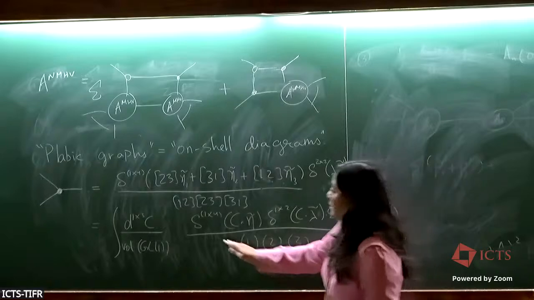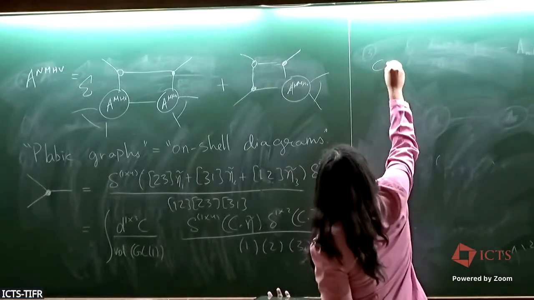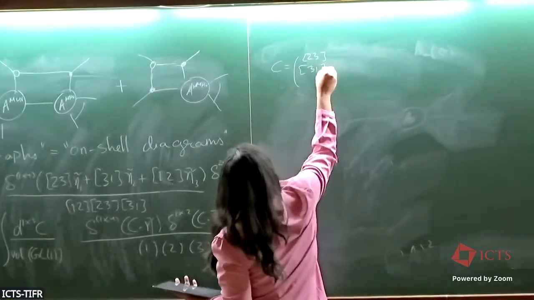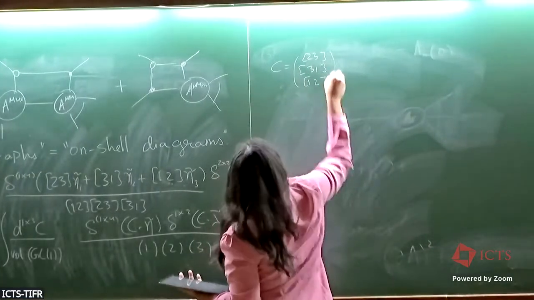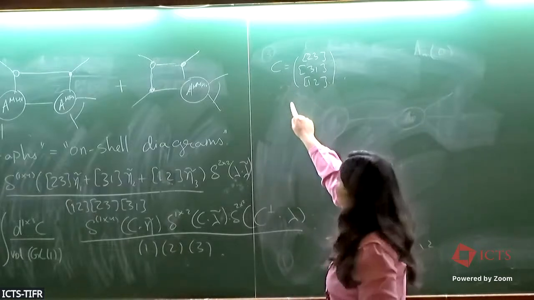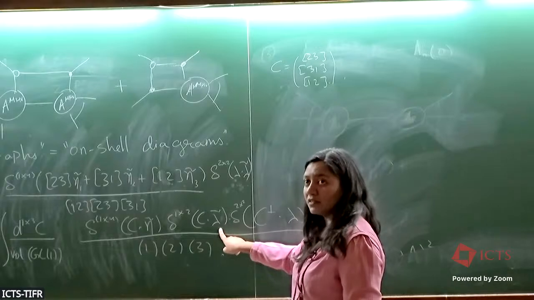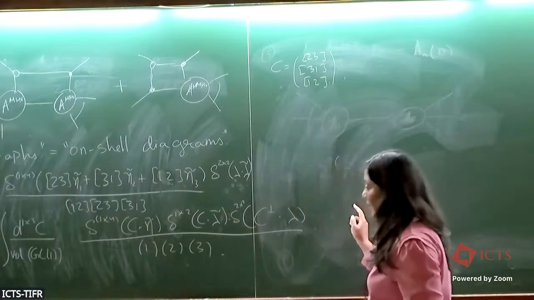So C has the following components: 2 3, 3 1, 1 2, which then makes it obvious that C dot lambda tilde, this delta function, is just the Schouten identity. So it's automatically satisfied with this C.